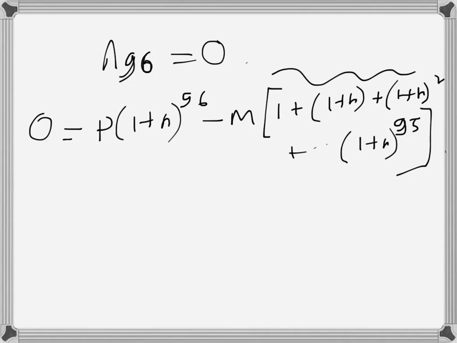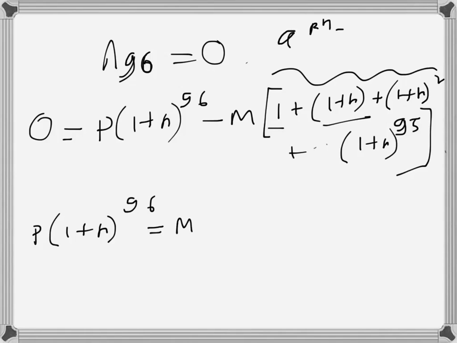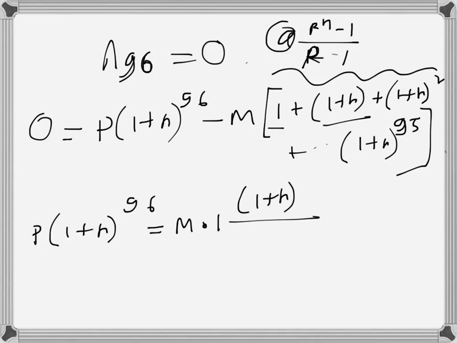This is a geometric series, and the first term is 1, and the common ratio is 1 plus R. So I will rewrite this side as P(1 + R)^96, and this is M. If I do the summation, the formula is a(r^n minus 1) over (r minus 1), where the lowercase r is the common ratio and a is the first term. The first term is 1, and 1 plus R is the common ratio.